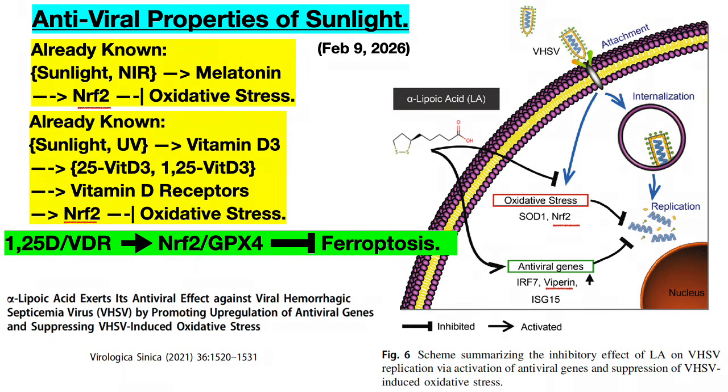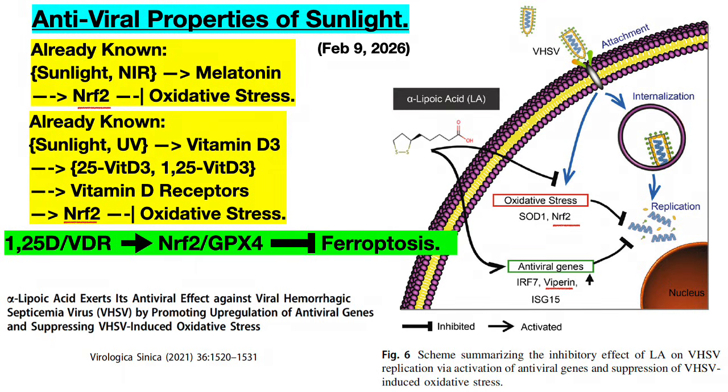This liver metabolite is then carried to the kidney and inside the proximal tubules, the epithelial cells of these proximal tubules, primarily within the mitochondria of these cells, 25-vitamin D3 is hydroxylated at the 1 carbon position to form the molecule 1,25-dihydroxy vitamin D3, also known as calcitriol.